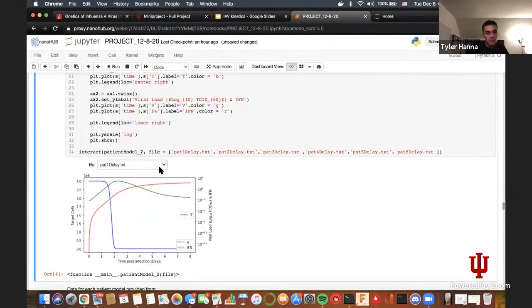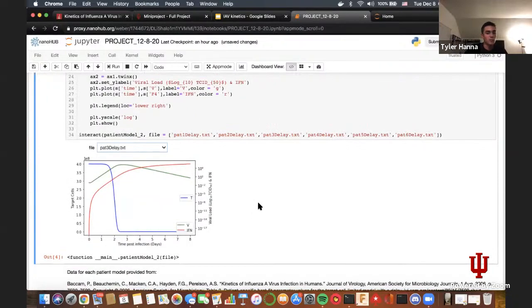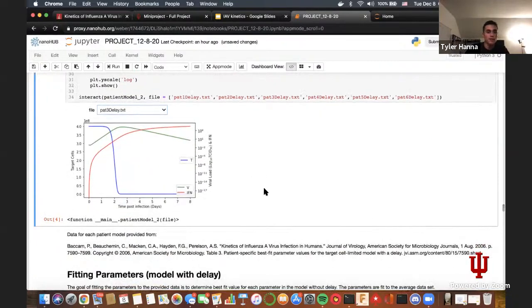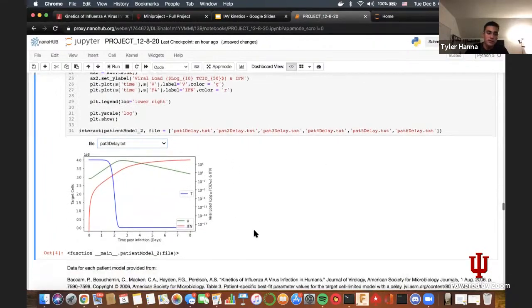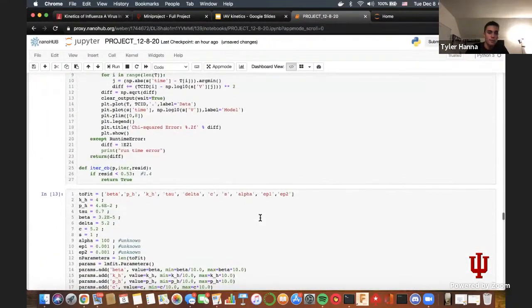Here we should expect to see the screen line have 2 bumps for patients 1, 2, and 3. However, due to the fitting algorithm that they use in the paper, which was very complex, and according to the assumptions that they made, I was unable to replicate that curve. And here we have the fitting.